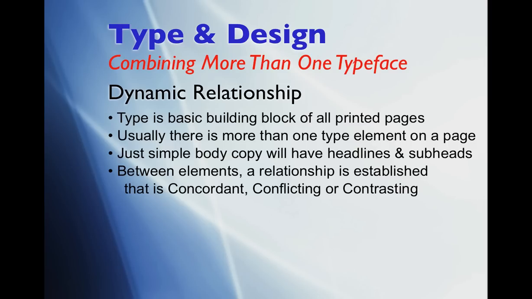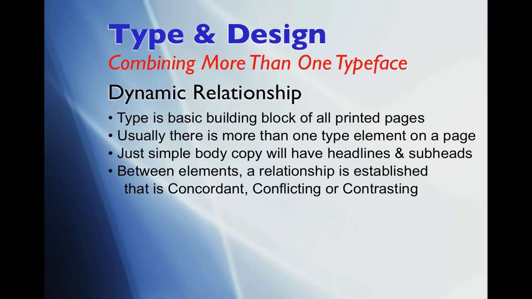and other categories of information. And so between these various elements, specifically the typography elements, but all of the elements on the page, the idea is that one of three basic dynamic relationships is going to be established.